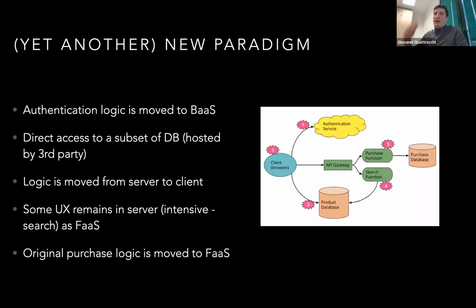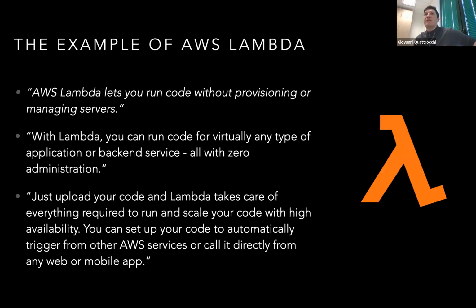So here I have already explained, I will go a bit faster. One of the examples is AWS Lambda. I'm taking Amazon Web Services as an example, not because I'm a huge fan of Amazon Web Services or because they pay me to do this advertising, but simply because it's the most important and most used cloud provider. And similarly, all the other providers nowadays have a similar offering.